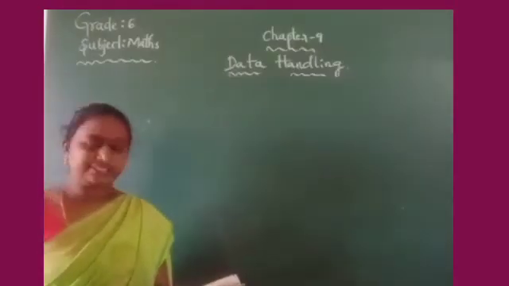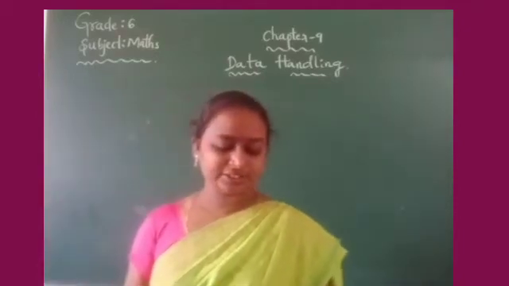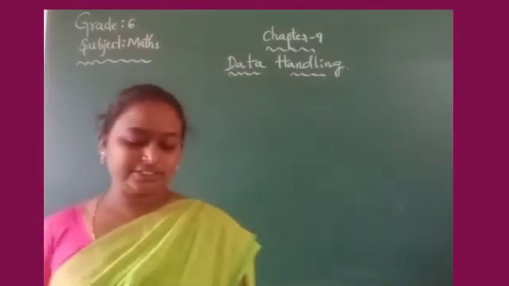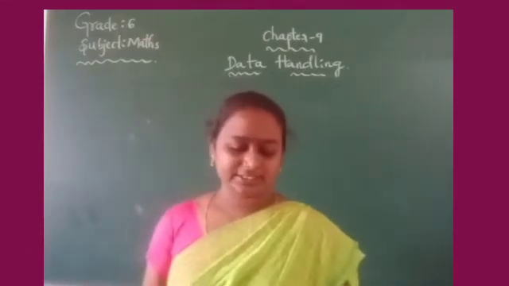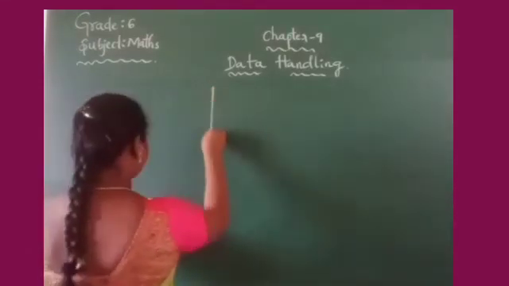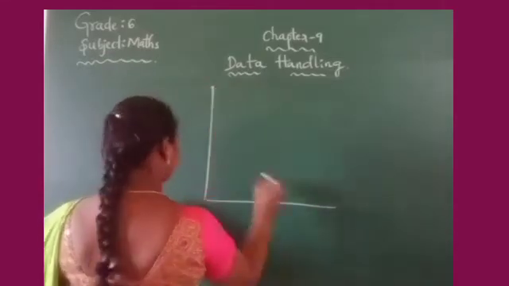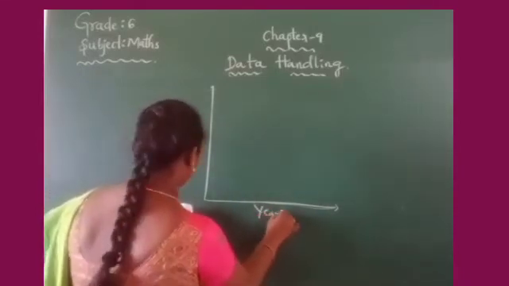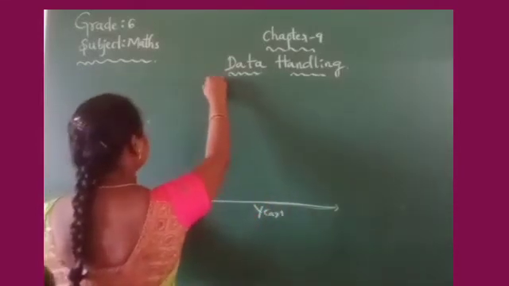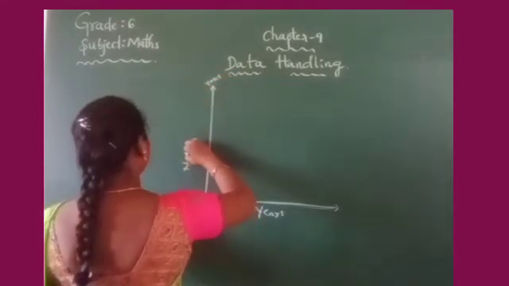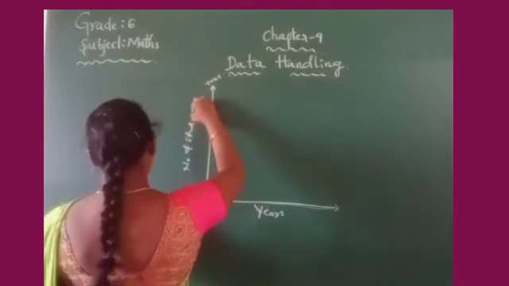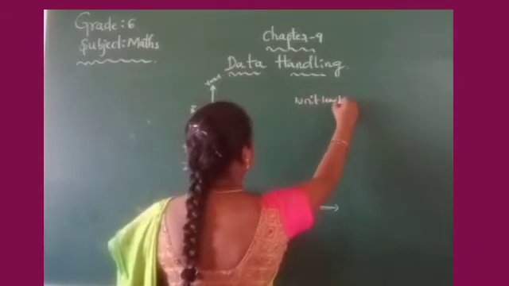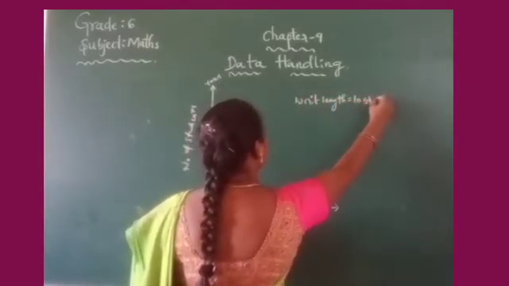See in your textbook, an example problem is there. Read the adjoining bar graph showing the number of students in a particular class of a school. We have to give the answers from the given bar graph. On the x-axis we have taken the information about years, and on the y-axis the number of students, where one unit length is equal to 10 students.